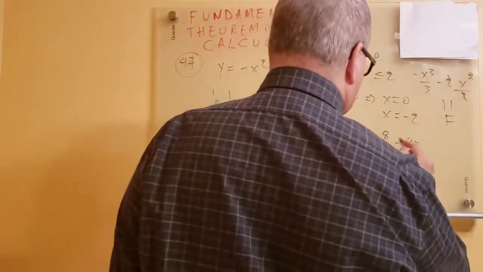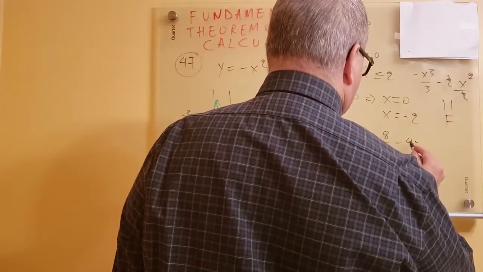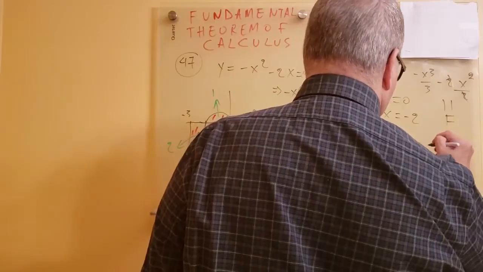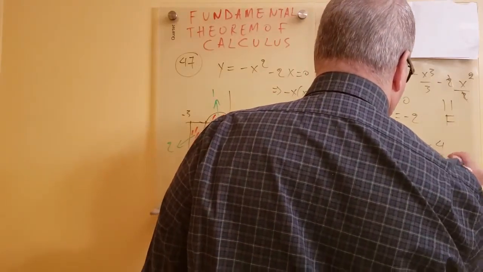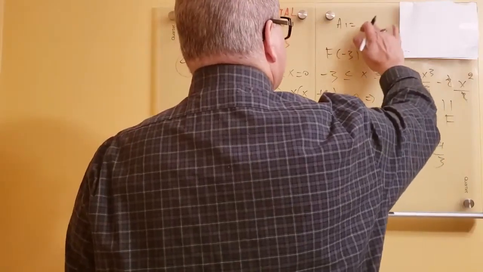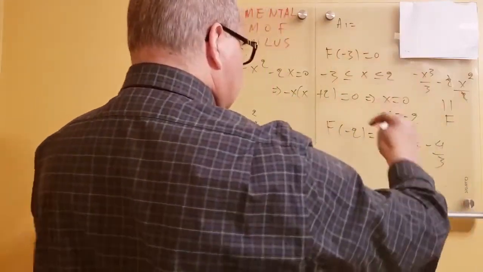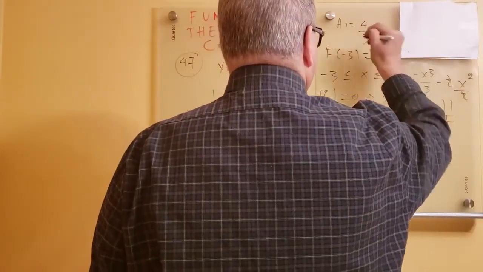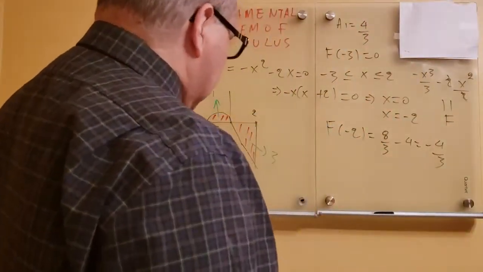So it's actually 8 minus 12 over 3, so that's -4 over 3. Sorry about it.